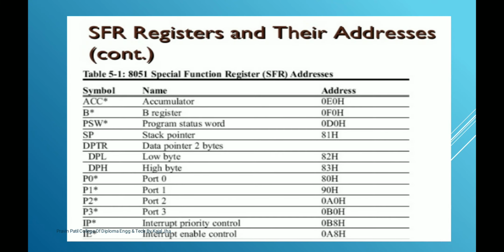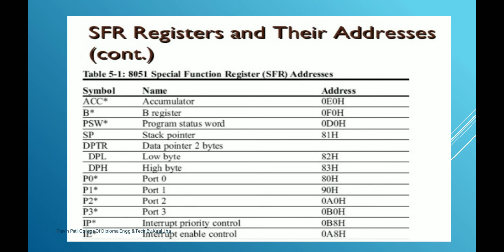After that, here are some SFR registers with their addresses. In the 8051 special function registers, the symbol is ACC, or we can call it A also. ACC means accumulator, and A also means accumulator.